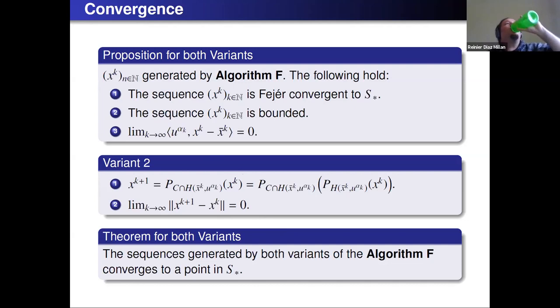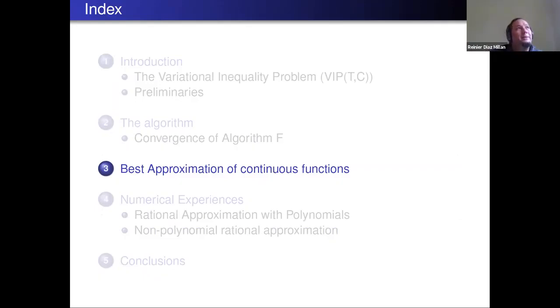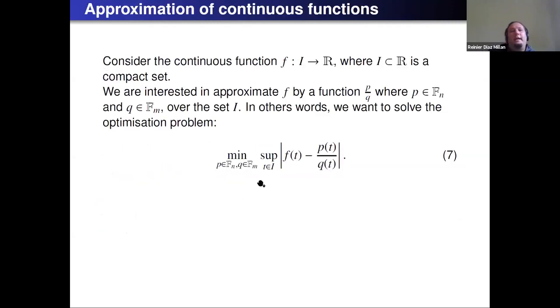It generates a convergent sequence. Then we are now able to try to apply these algorithms to solve our problems. Consider approximation of a continuous function. Consider a continuous function f and a compact set I. This compact set can be an interval or not.